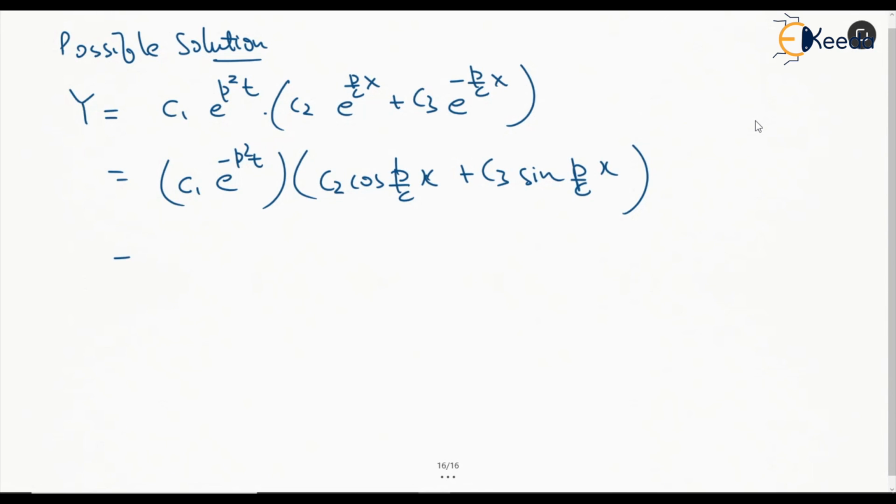The other one, when k is negative, is c1 e^(-p²t) times the complex conjugate roots solution, c2 cos(px/c) + c3 sin(px/c). The other one, when k = 0, is c1, since T is constant, times (c2 x + c3). This is linear. So these are the possible solutions for this one-dimensional heat equation, or diffusion equation, for different values of k being positive, negative and 0.